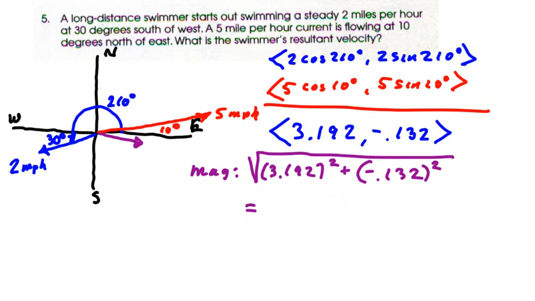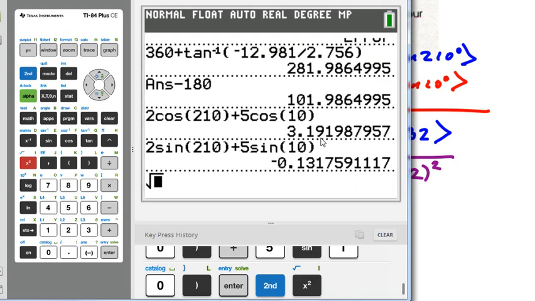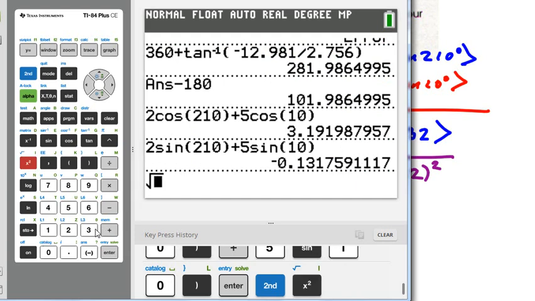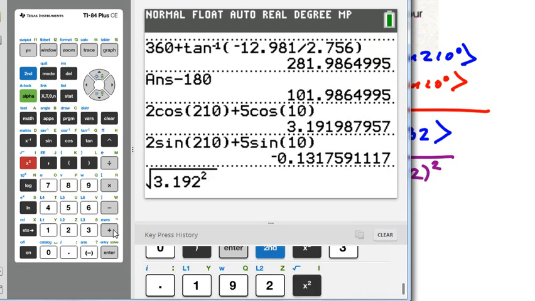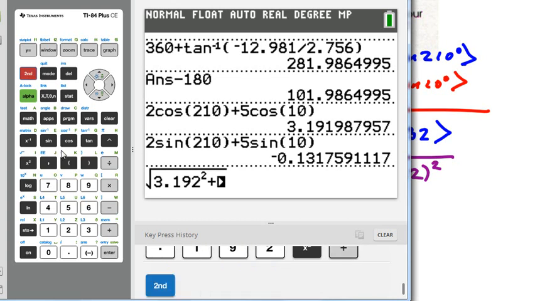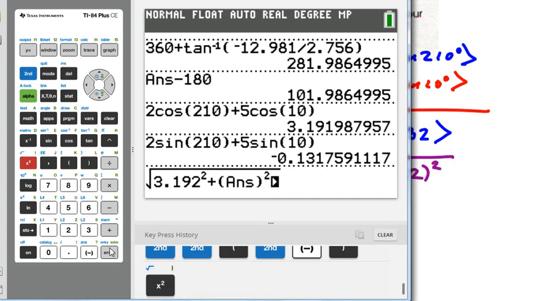So let's get this right here, control square root, we get 3.192, square it, plus, let's go parentheses, and then we'll do second A and S to get that negative 0.131, and square it.